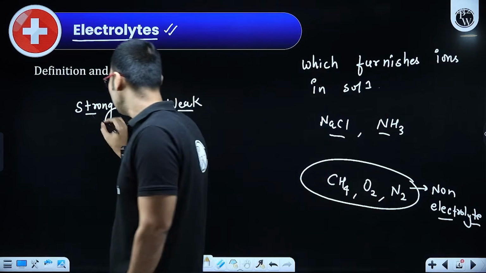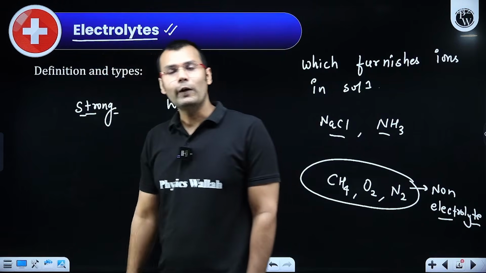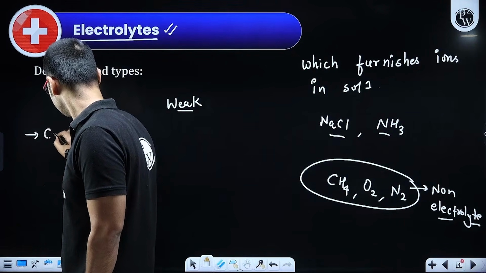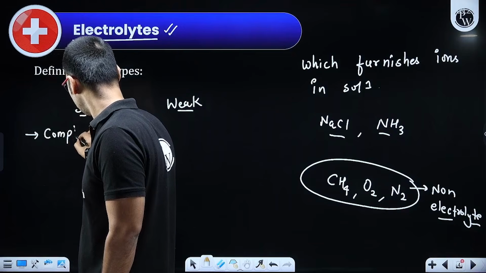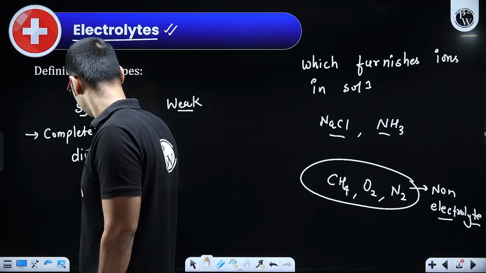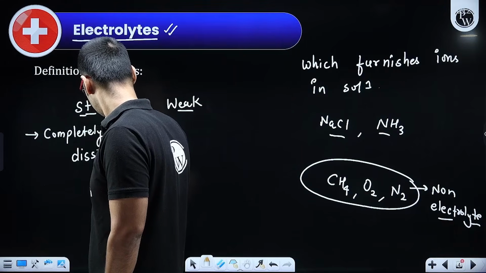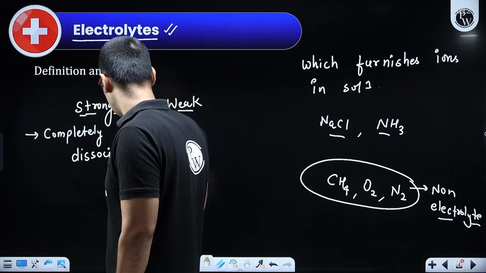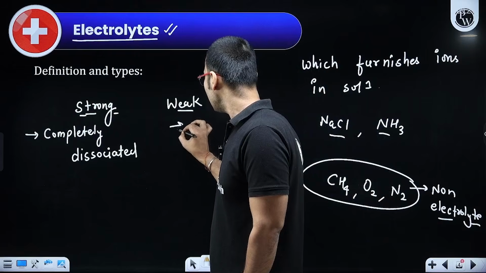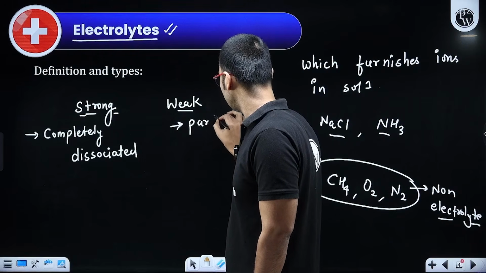An electrolyte is called a strong electrolyte when it is completely dissociated. And an electrolyte is called a weak electrolyte when it is partially ionized or partially dissociated.